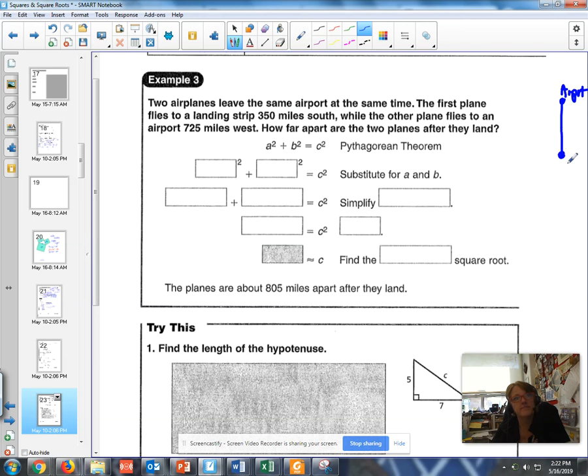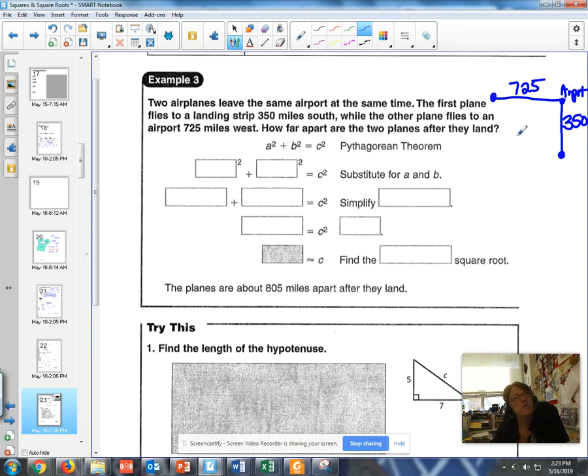Right there. 350 miles. Let's label it. All right, so that's plane number 1. The other plane flies to an airport 725 miles west. West is this way. That's 725. Yeah, I know my picture isn't to scale. Never said I was good at that.